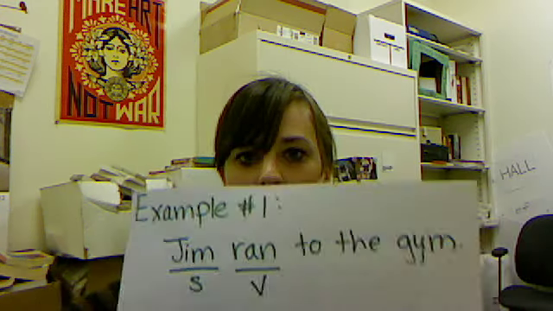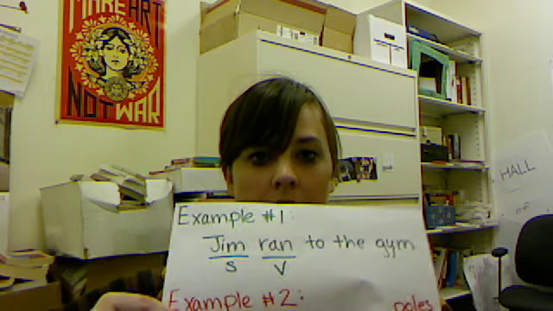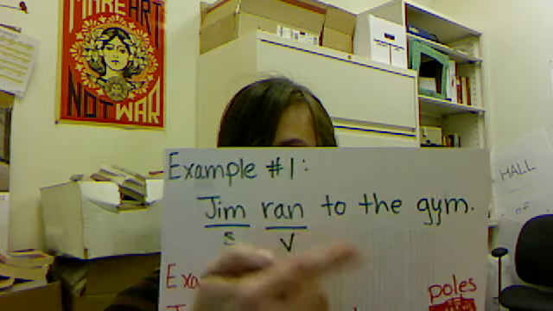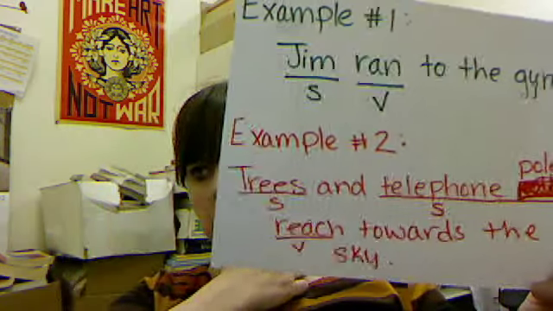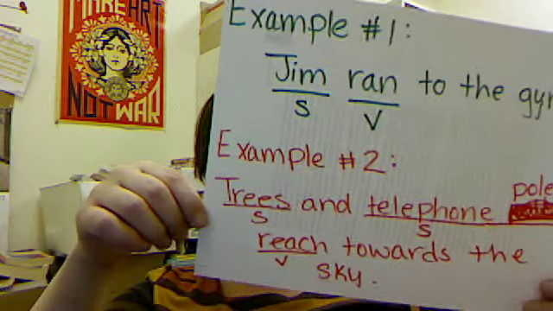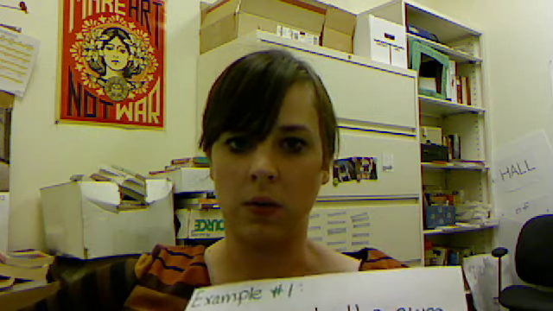In a sentence, for example, Jim ran to the gym. I don't know why I'd do that, but you have a subject and a verb, right? Jim, and what is he doing? He's running. In example 2, we have trees and telephone poles, and both of them reach towards the sky. In this case, we have two subjects. That's fine. You also might have two verbs.